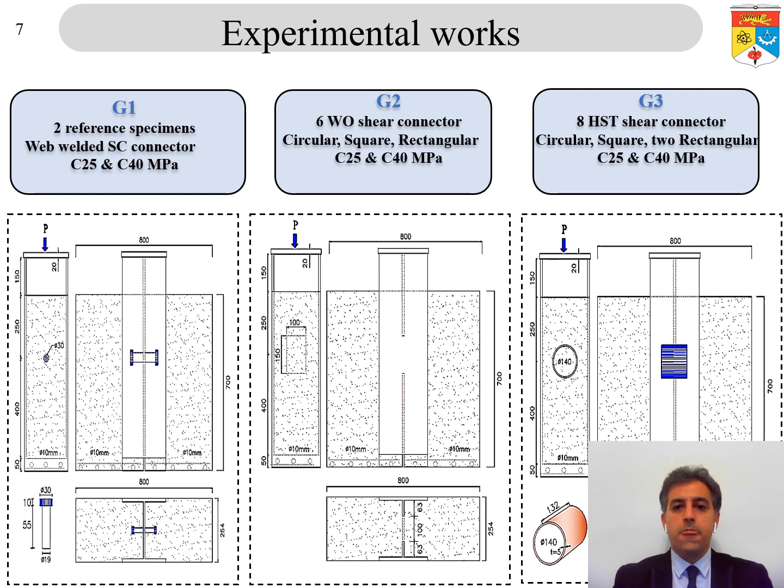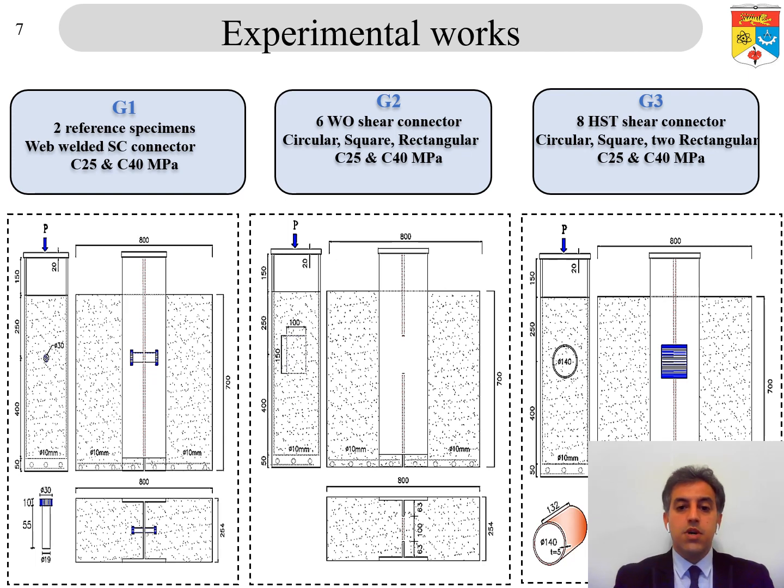Experimental work comprised three different groups. Group 1 is a reference group where the shear stud is welded to the web of the steel beam on both sides, and two different infill concretes of 25 and 40 megapascal have been cast.